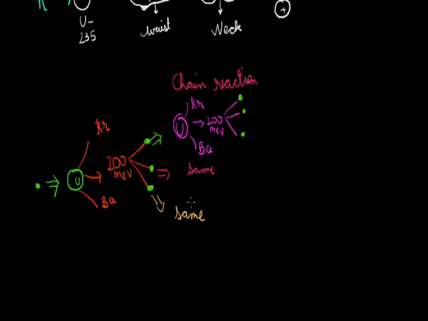It does not need any medium or any particle to initiate the reaction in the middle once it has started. The fission of uranium-235 by means of slow moving neutrons is a chain reaction because the reaction is started by neutrons and neutrons are produced in this reaction.